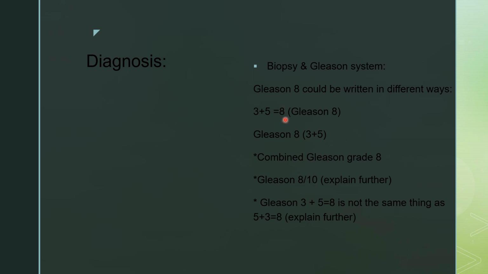Then it could be reported as combined Gleason grade 8. I don't like this because you will not be able to tell precisely whether you are dealing with 3 plus 5 or 5 plus 3. Remember, I've said, and I'm repeating, 3 plus 5 is better compared to 5 plus 3, in the sense that 3 is a lesser grade, and it is the one appearing most.